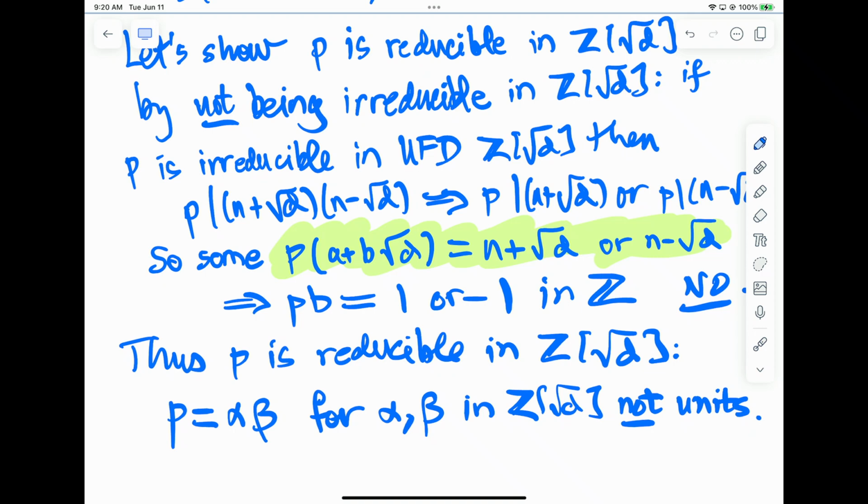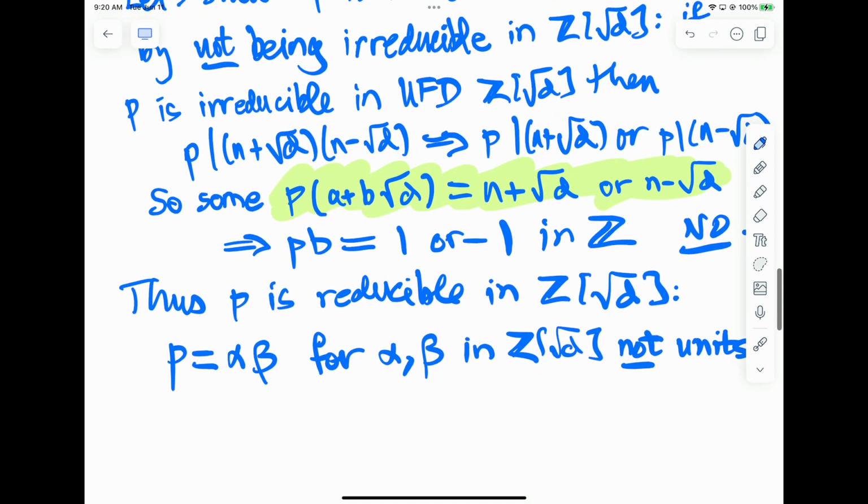But in Z root D, P times something cannot be 1. You can't have P times A plus B root D equal to 1. Just look at the coefficients on both sides. So an integer other than plus or minus 1 would never be a unit in Z root D. So it's either irreducible or reducible. It's reducible here. So it's a product of things that are not units.